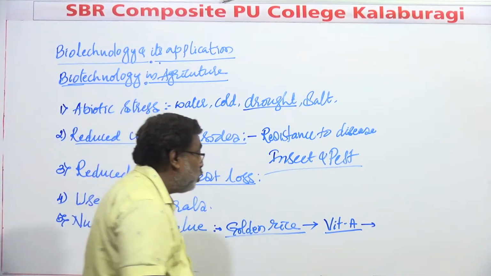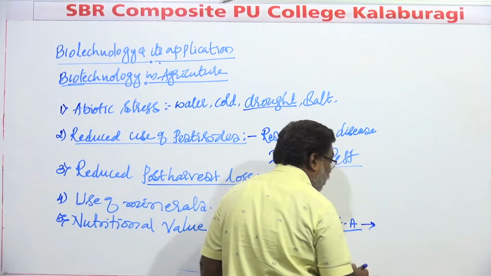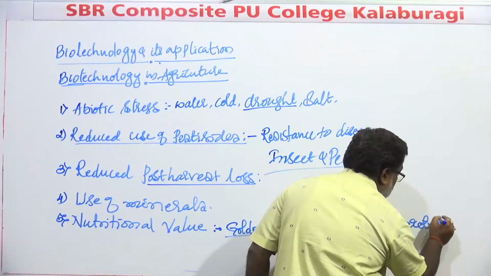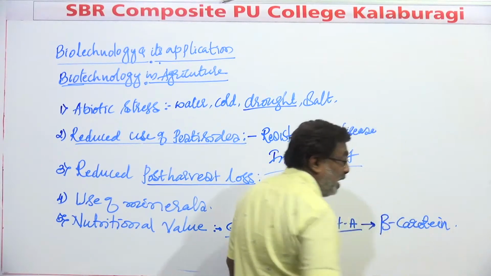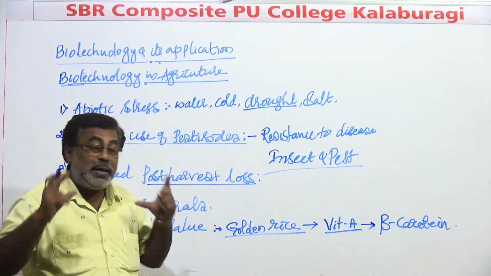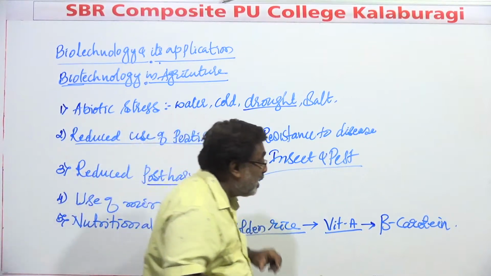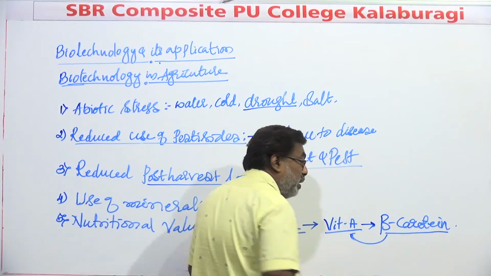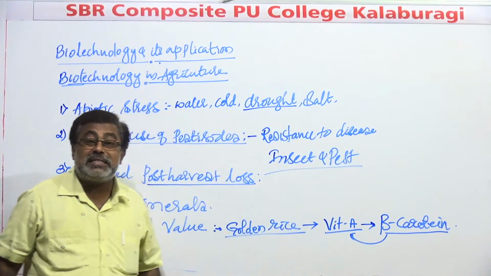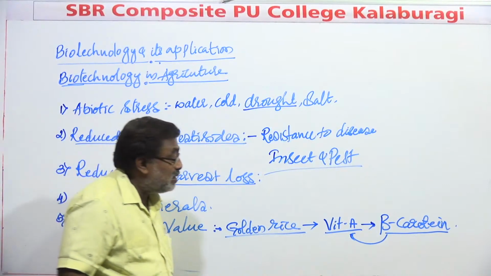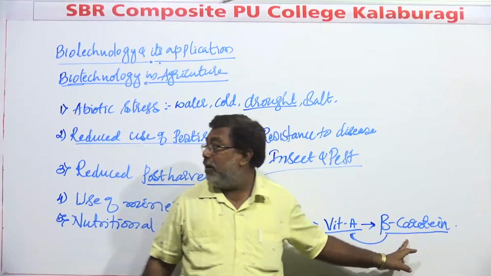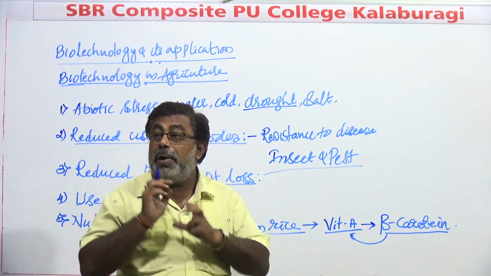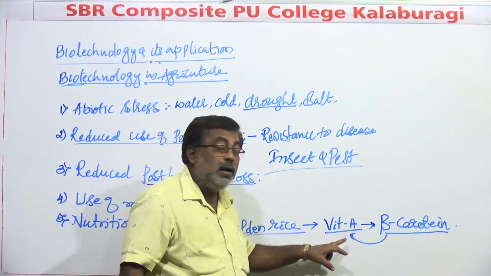gene structure. And for this vitamin A, beta carotene is the precursor. For the synthesis of vitamin A, beta carotene is required.